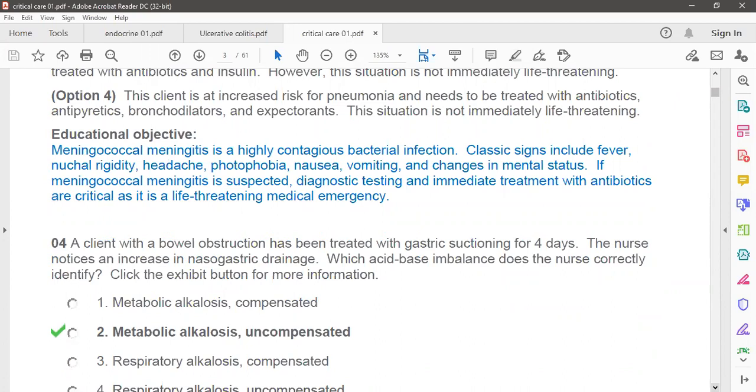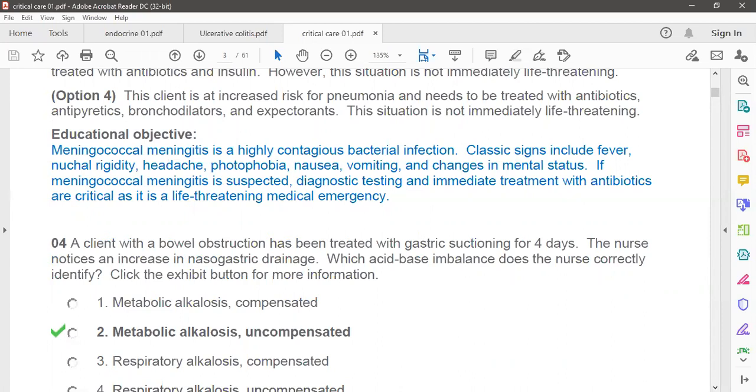If your patient has meningitis, as a nurse, what is your intervention? We monitor the level of consciousness and vital signs. Also, we monitor for any kind of seizure, or if the patient has a history of seizure, we initiate seizure precautions, keep the patient in isolation, and elevate the head of the bed.